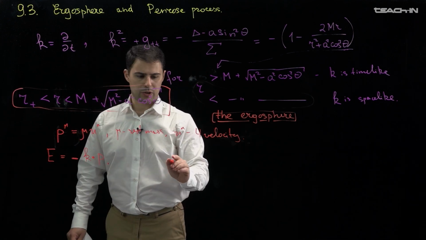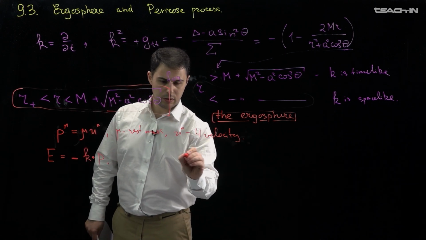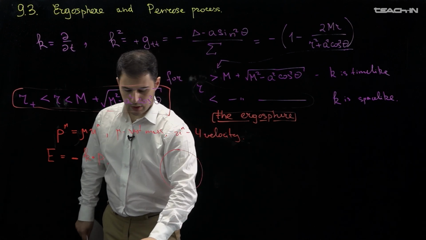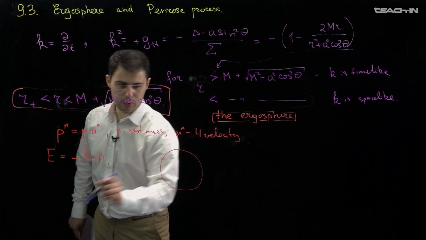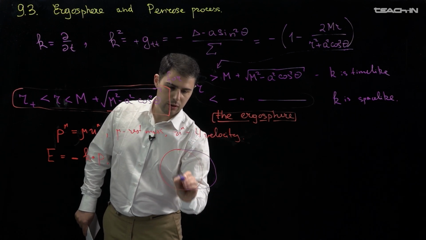Now let us imagine the picture. Let this be the black hole, and therefore its ergo region looks like this.